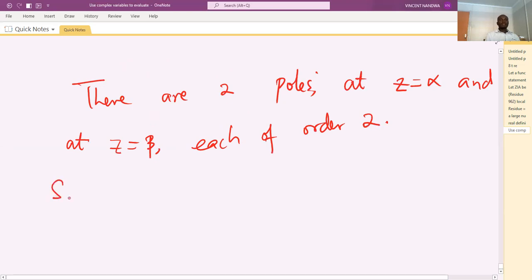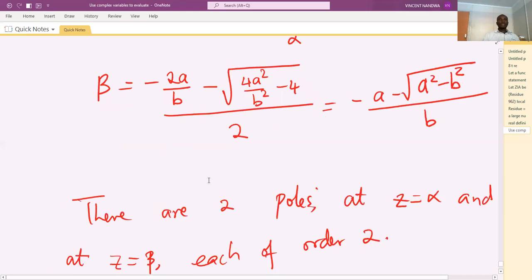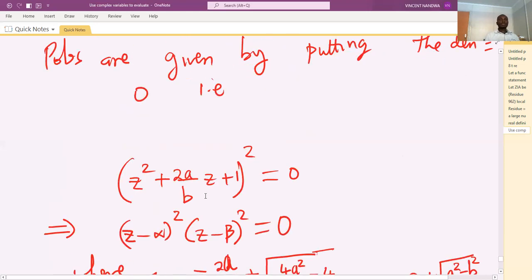Now, when I multiply the product of these two roots, I should get 1. So this is how the quadratic looks like.